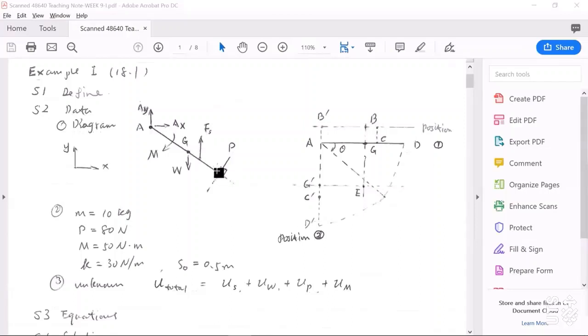At the end of this bar, there is external force P. The direction of this external force P is always perpendicular to this bar. So this means the direction of P is always changing.